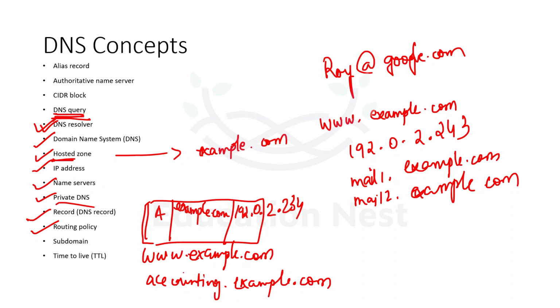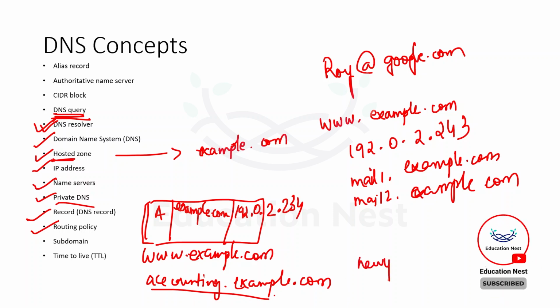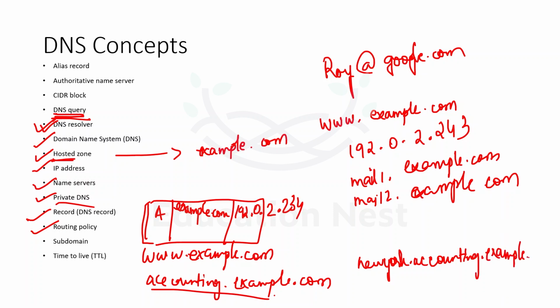If this is the hosted zone, this is your domain name, right? Then newyork.accounting.example.com would be your subdomain.